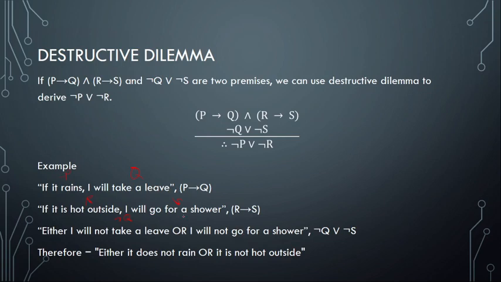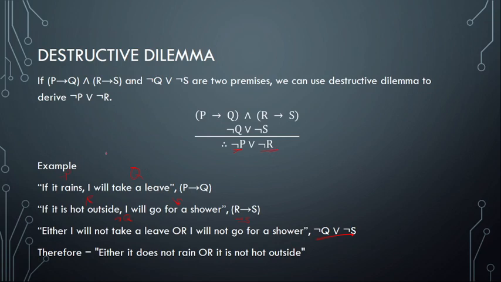You negate them by adding not. Therefore, the conclusion: either it does not rain or it is not hot outside. Negated: not P or not R.